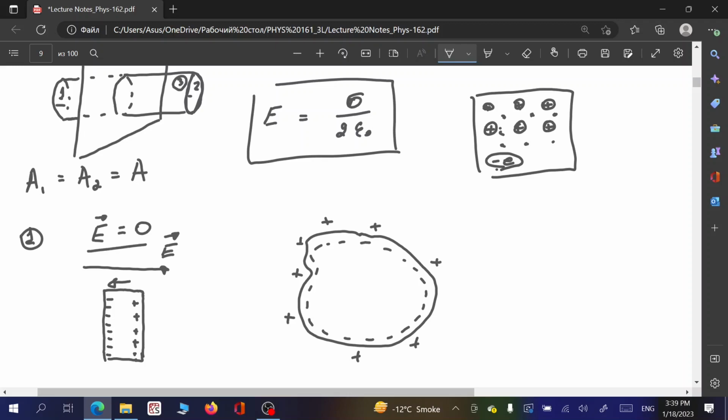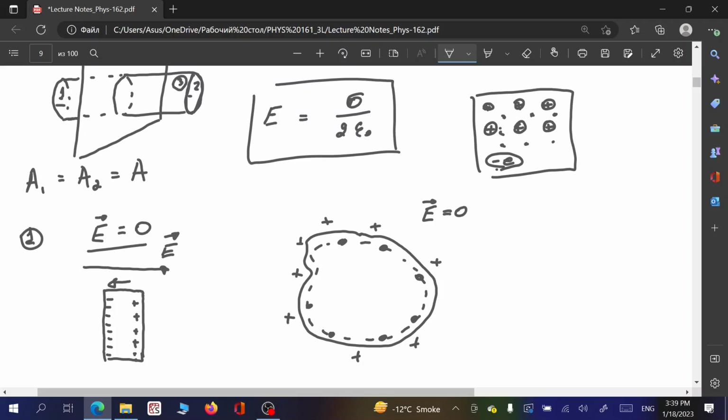We have just shown this. So at each point of this Gaussian surface, the electric field will be equal to zero because it is located inside the conductor under electrostatic equilibrium.